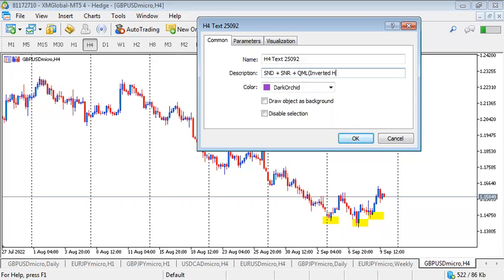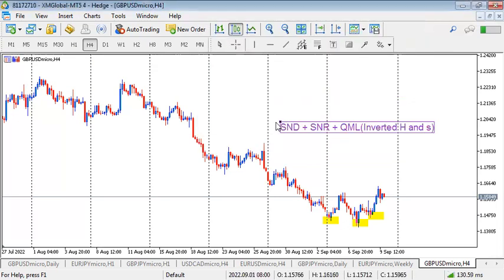Heads and shoulders. So this is the combo. You must have the confluence of events.